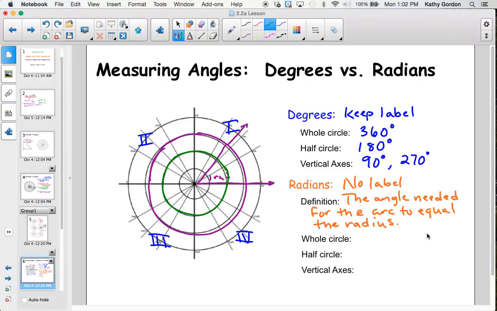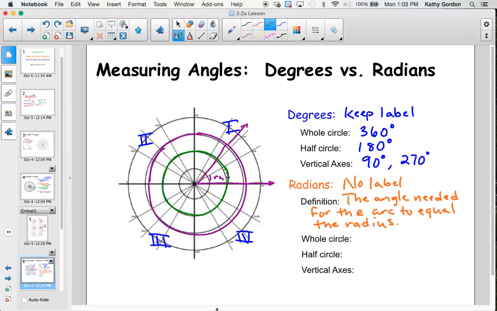I still end up right there for my terminal side. So because both the radius and the arc are changing at the same proportion, the actual angle that it takes for this to happen stays the same. So it doesn't matter how big our circle is for this definition to work. The angle that's actually created is still the same size, and it's 1 radian long.